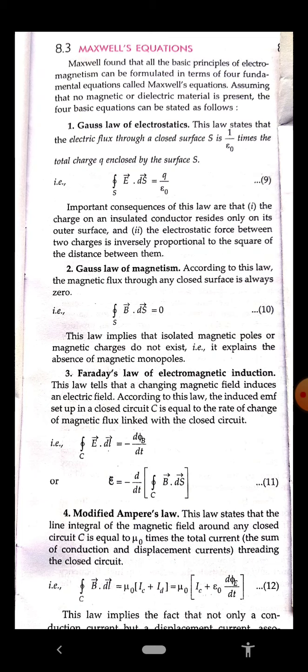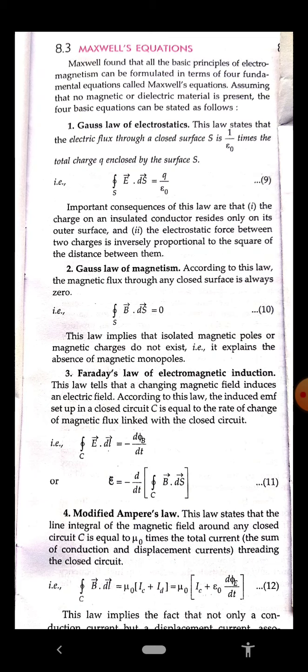Third very important question is what are the properties of electromagnetic waves? Mostly 3 or 4 properties are asked, but you have to go through all the basic properties of electromagnetic waves. Next question is very important. What are the 4 fundamental equations of electromagnetism? What are the 4 Maxwell equations?